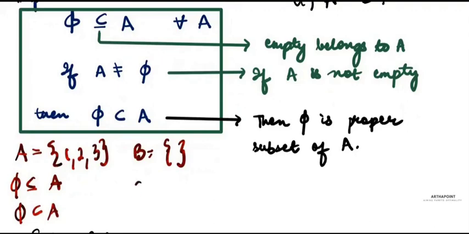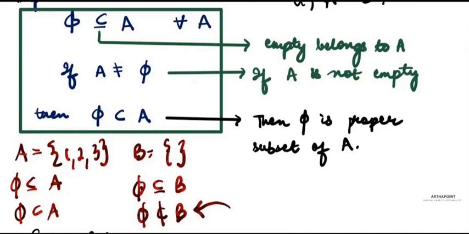In the other case, empty is a subset of B, but empty is not a proper subset of B, because B doesn't have any additional element over and above empty. And to be a proper subset, you should have at least one additional element in the bigger set, right?